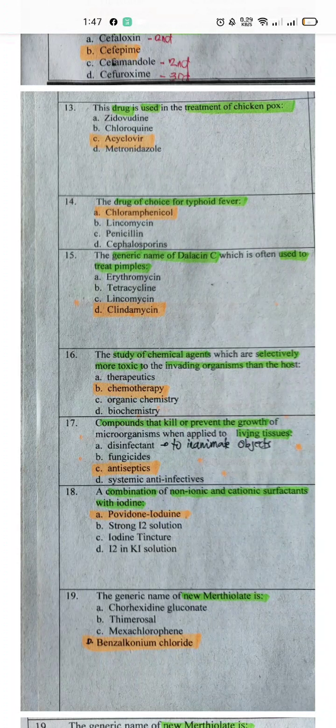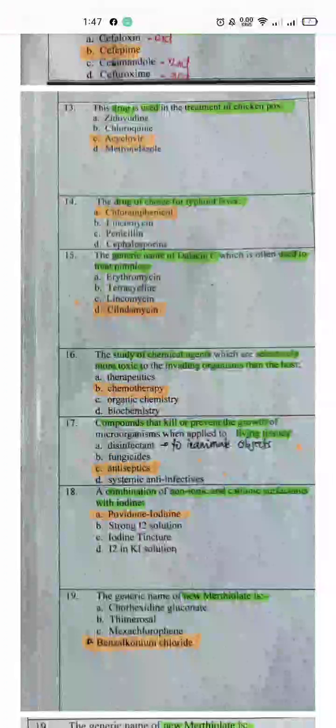Okay. Number 16, the study of chemical agents which are selectively more toxic to the invading organisms than the host is your chemotherapy. So that is your definition of chemotherapy, the study of chemical agents which are selectively more toxic to the invading organisms than the host.